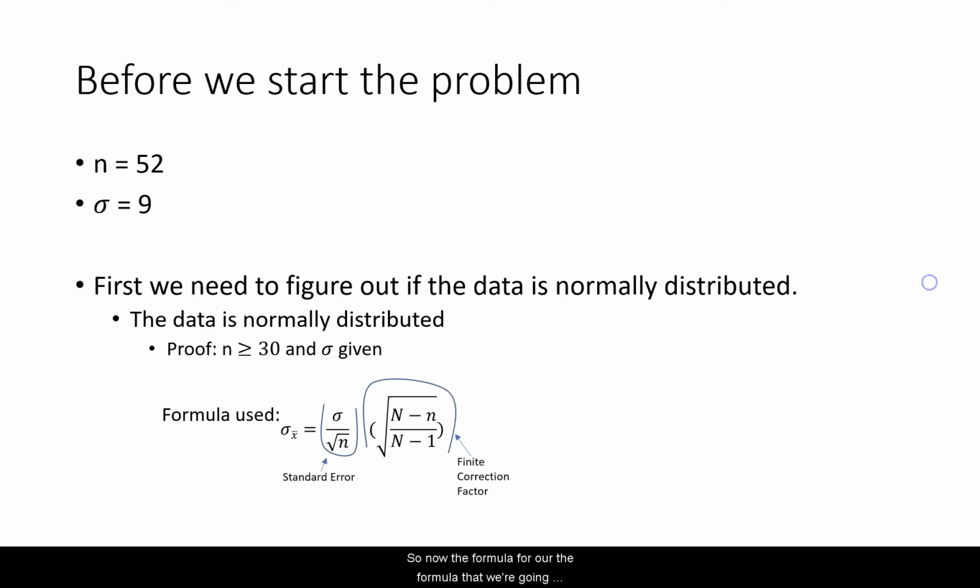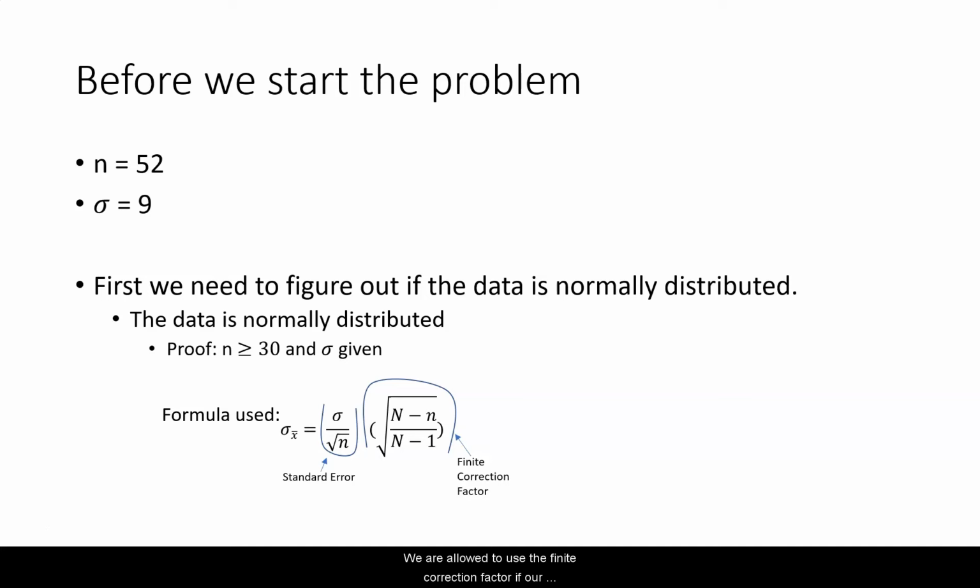So now the formula we're going to be using today is our standard error formula of sigma divided by the square root of n, multiplied, if we can, by the finite correction factor, which is the square root of capital N, our population, minus little n, our sample size, divided by our population, capital N, minus 1.